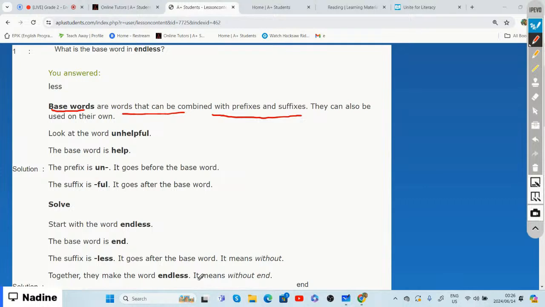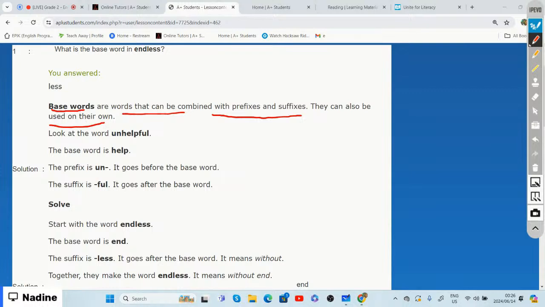We can add a suffix to the base word and it will change the meaning of the word. Or we can basically add both prefix and suffix to the base word and it will change the meaning of the word. But also base words can be used on their own. And like we said, with paint and with make and with heat and behave and respect. Those are words that can stand on their own, and those are base words.